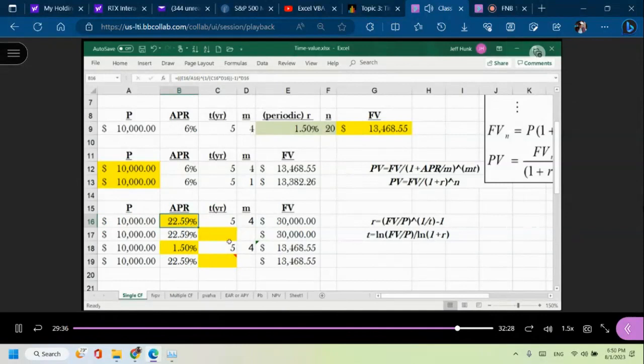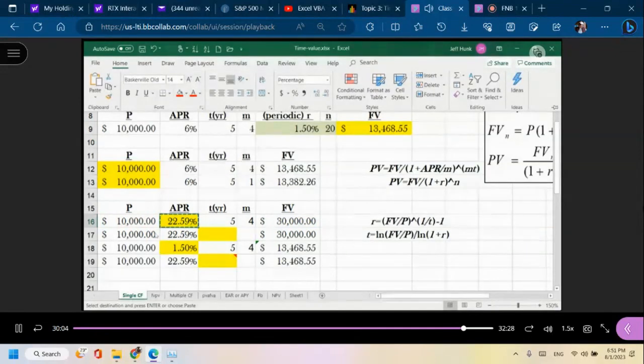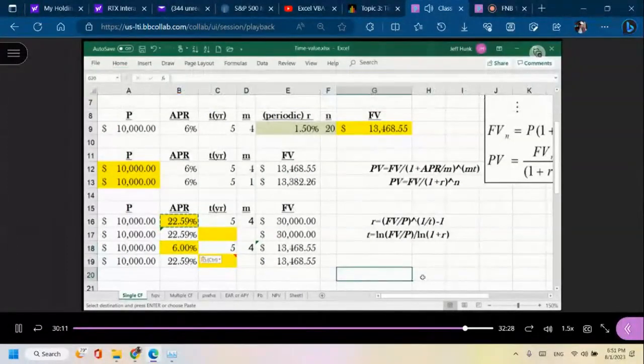Okay, the annual rate here. In other words, from here to here, that gave you the periodic rate. Then if you multiply it by 4, because it is quarterly, that will give you an annual rate, right? And I do the same thing here. Copy that, paste it here. It's going to give you exactly 6%.